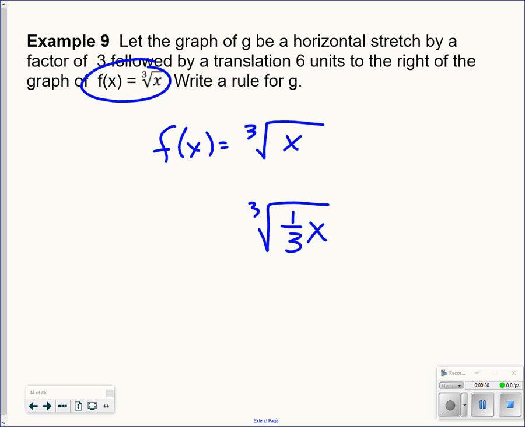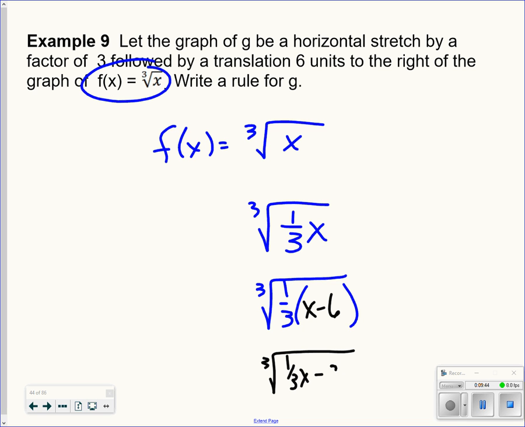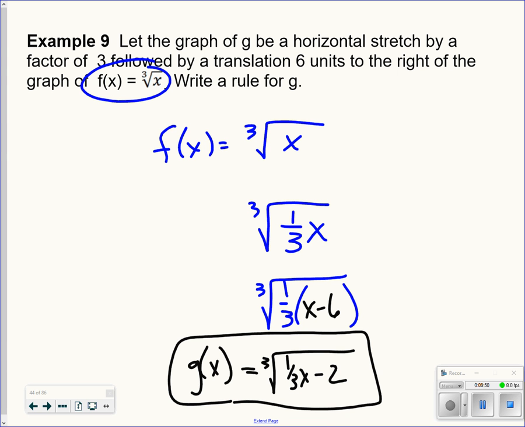So again, I'm going to replace x with x minus 6. Now, because I have a parenthesis inside there, I can go ahead and distribute that. So we're talking about the cube root of 1/3 x minus 2 is my new function, g, in which I did a horizontal stretch by 3, then a translation 6 units to the right.